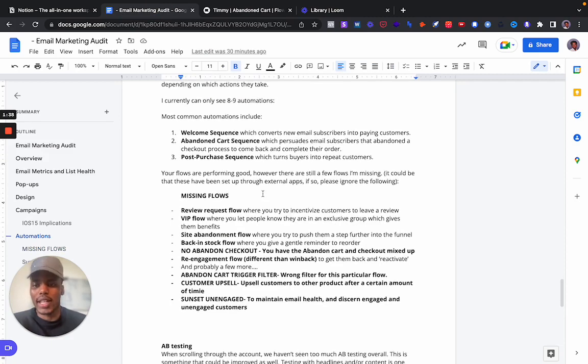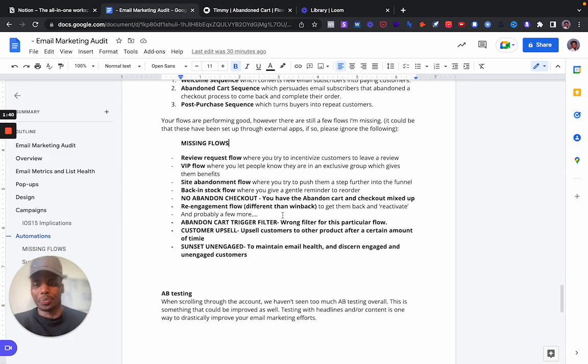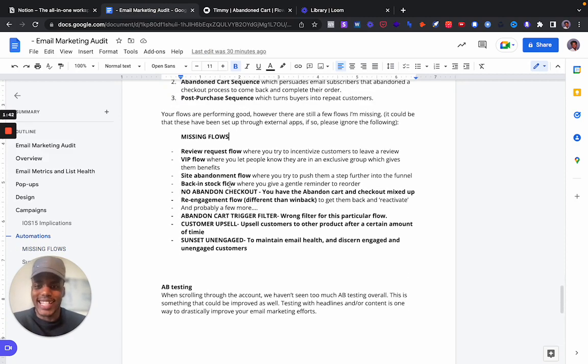And then the next one is the VIP flow. Now, the VIP flow essentially is where you let people know that they are in a specific exclusive group that gives them very unique benefits that other people don't get.